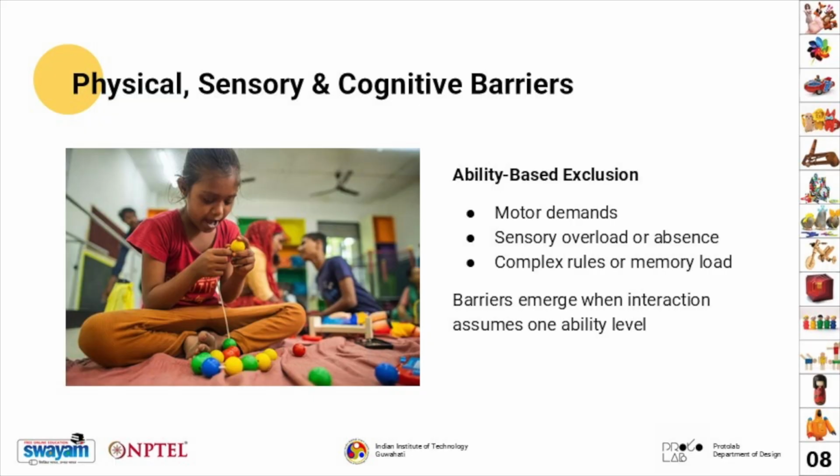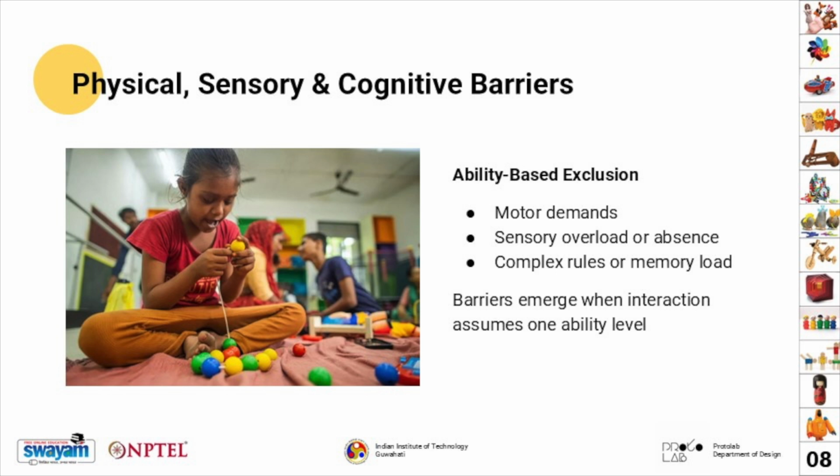Many toys assume a specific body size, grip strength, or coordination level. When interaction requires precision, some children are automatically left out. Some toys rely heavily on vision or sound. For a child with sensory differences, the toy may either provide no information or too much information. Then there are toys that depend on fast understanding.